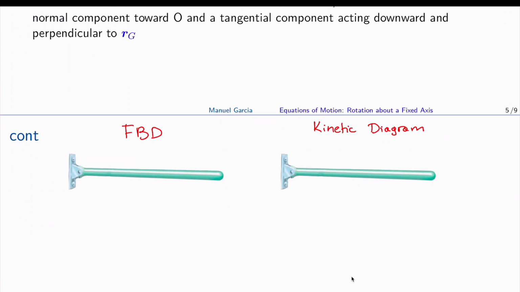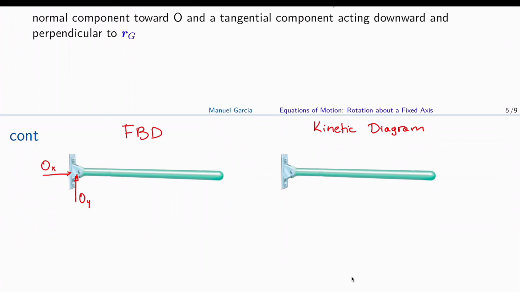For our free body diagram, we have to disconnect from this support. When we disconnect from this support, we end up with two reactions, called O in the y direction and O in the x direction.